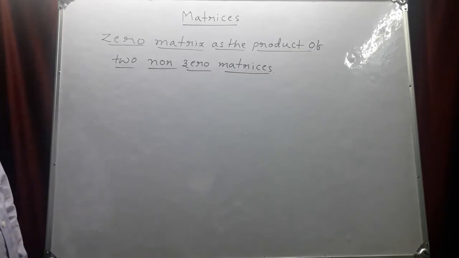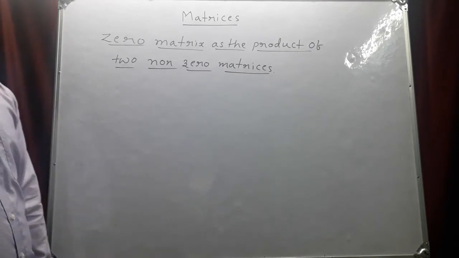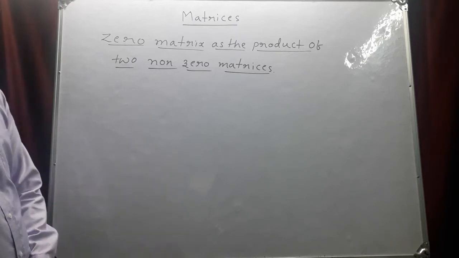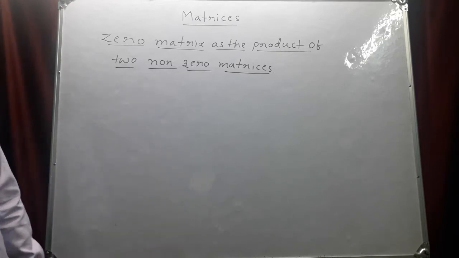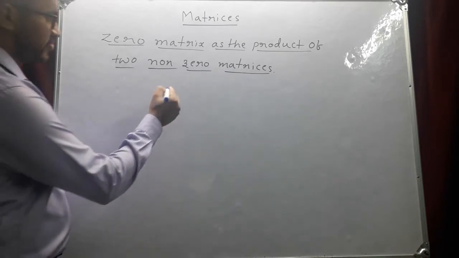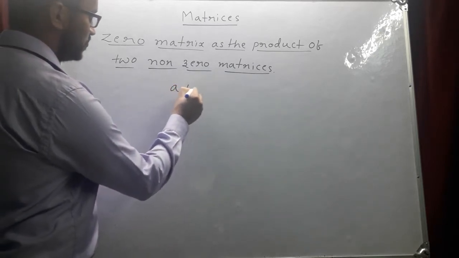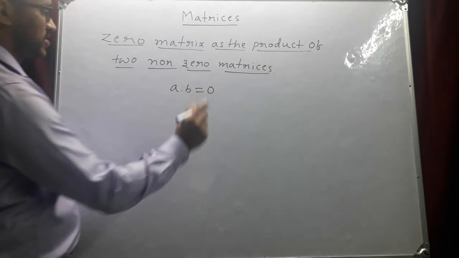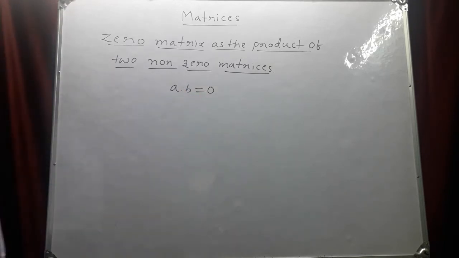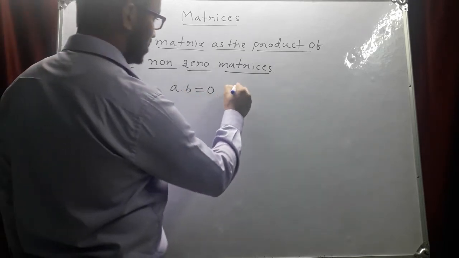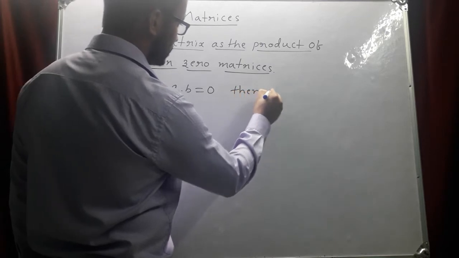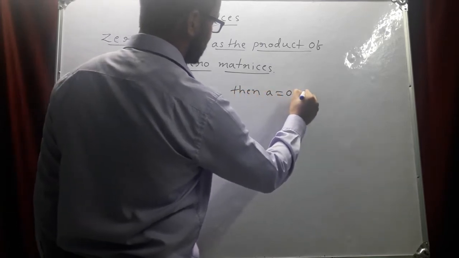Next, zero matrix as the product of two non-zero matrices. In the case of real numbers, suppose the product of two real numbers is 0, that is, suppose a into b is equal to 0, then either a should be 0 or b should be 0.